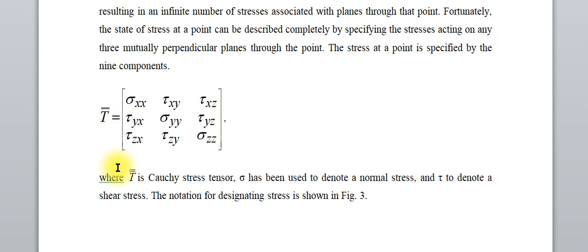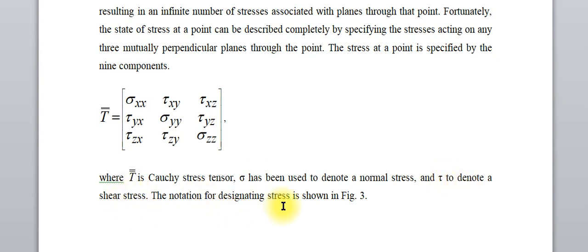It would be better to differentiate stresses from scalar and vector, so that's why I have put two lines in the superscript. T, which is the representation of all the 9 stresses, is the Cauchy stress tensor. We call this the Cauchy stress tensor. Sigma has been used to denote the normal stress, and tau to denote the shear stress or tangential stresses.